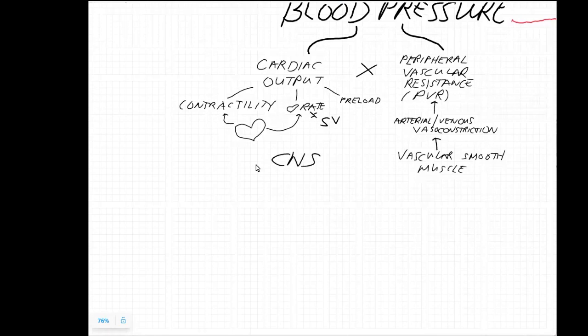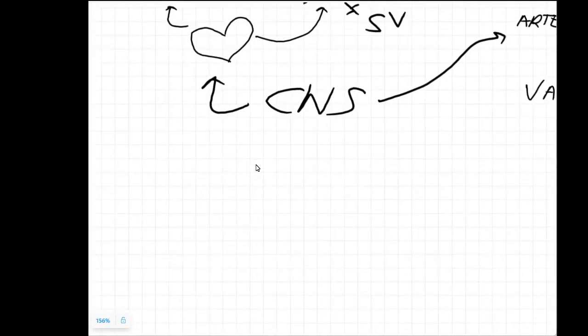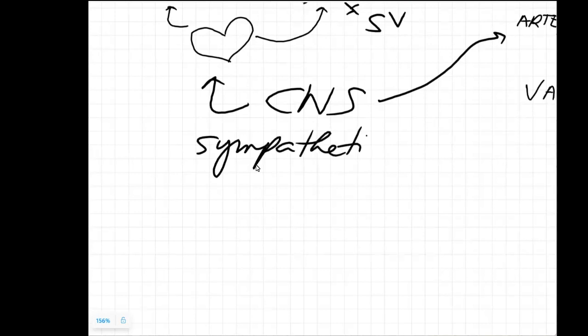The central nervous system can trigger the heart, and at the same time, it can also cause vasoconstriction when triggered, particularly the sympathetic nervous system, your SNS. Another name for sympathetic is adrenergic, and we need to remember that as we talk about the medications that affect blood pressure.